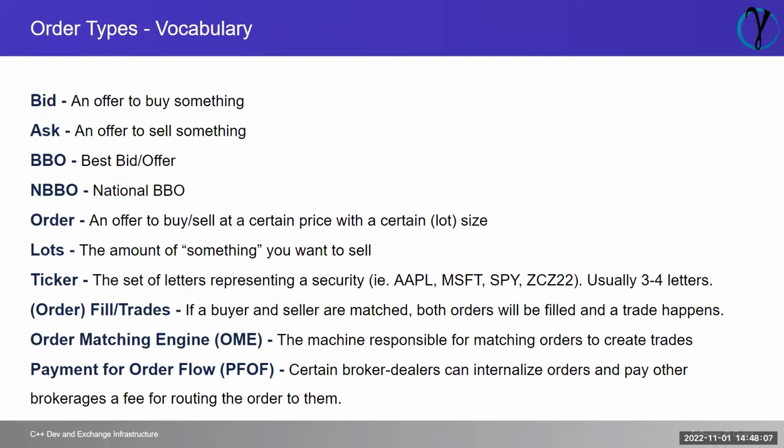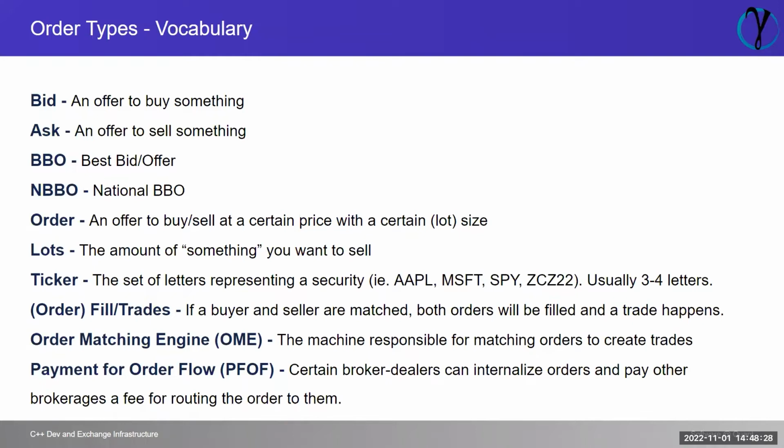Anyways, BBO stands for best bid and offer. Of all the people who are buying, the highest amount is the best bid. Why? Let's say you were trying to sell.